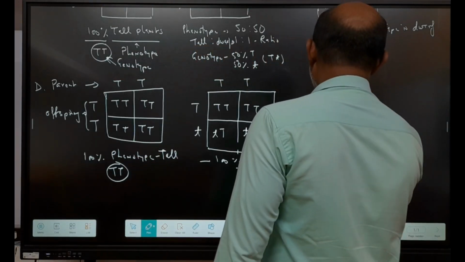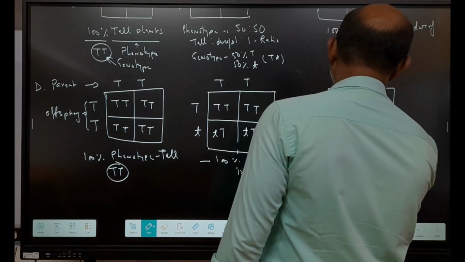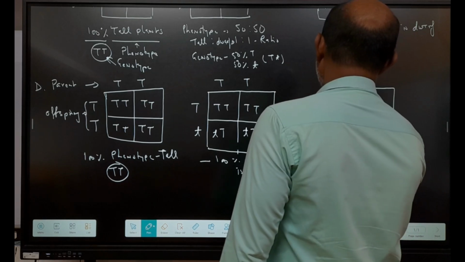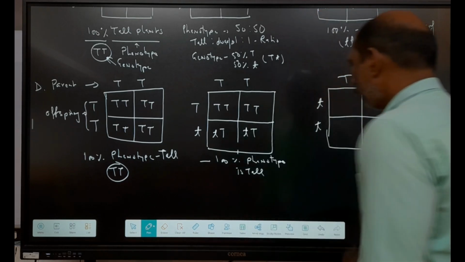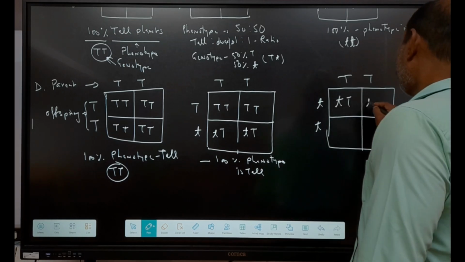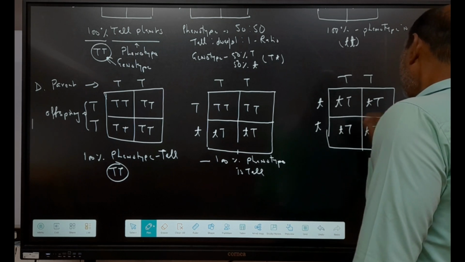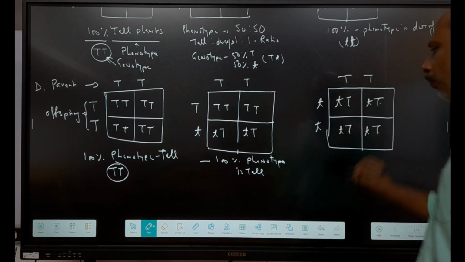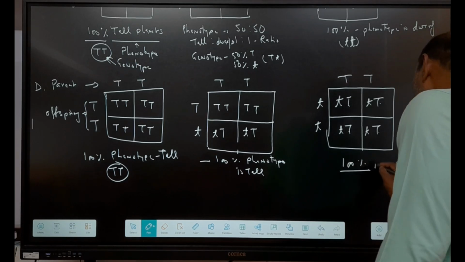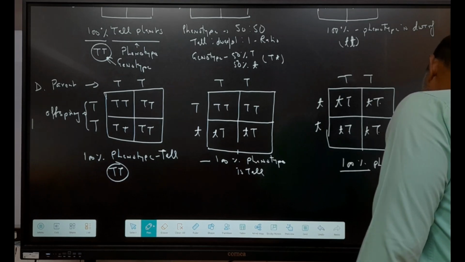Okay, suppose that in the third case, what happens here? When we use capital T parent and small t, right? This side offspring, this side parents. What we get? Small t, capital T, small t, capital T, small t, capital T, small t, capital T. In this case also capital T is present in all the squares. That means here these are also 100% phenotype tall.